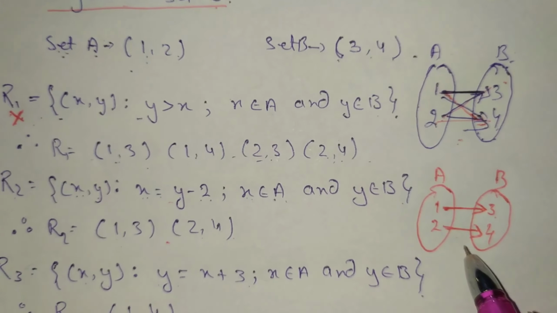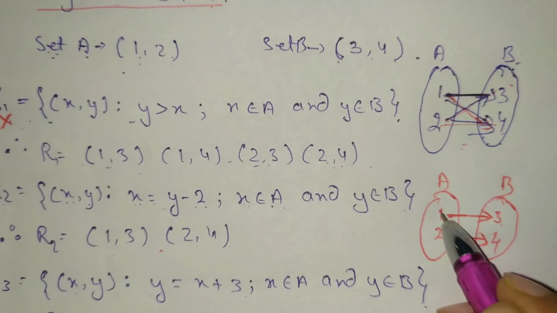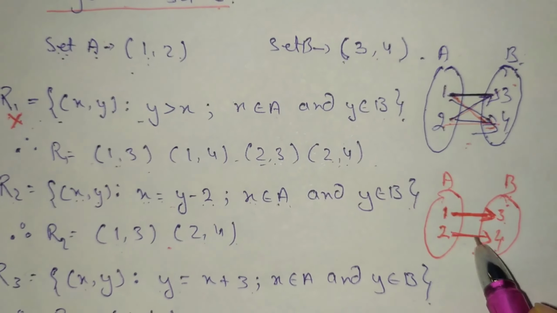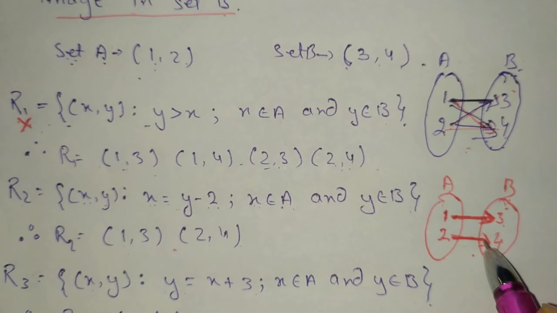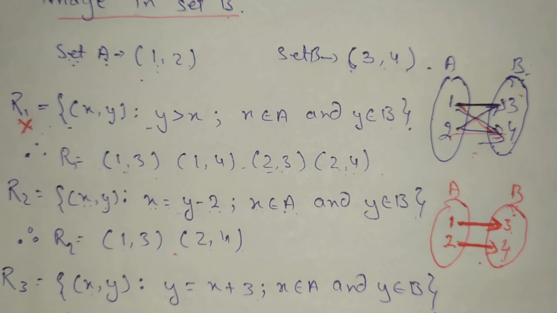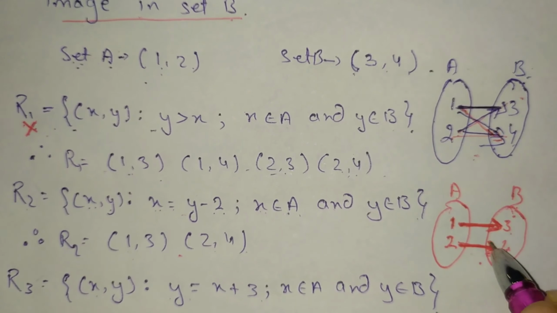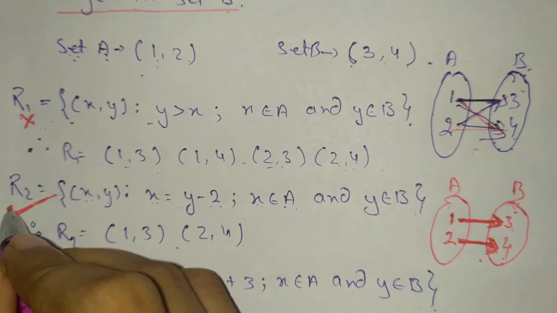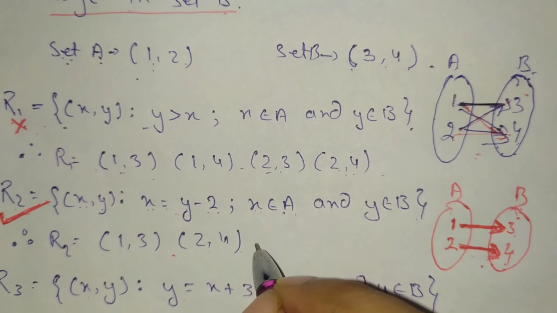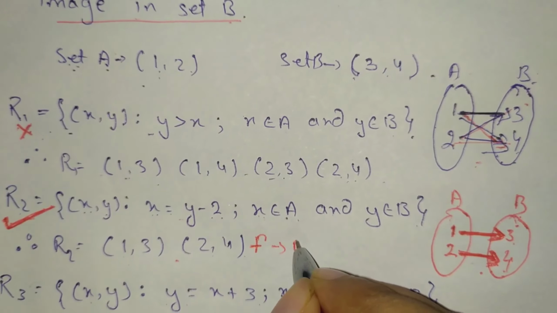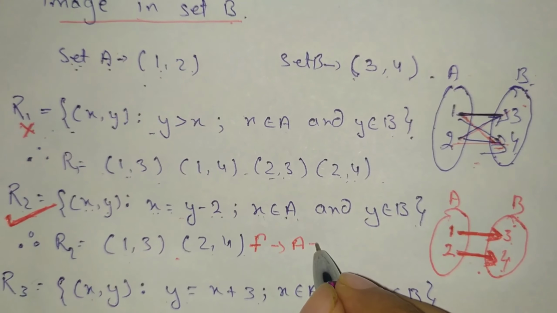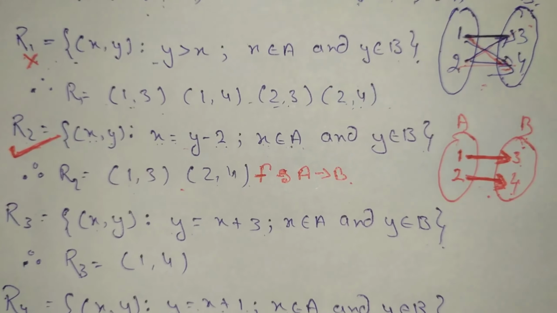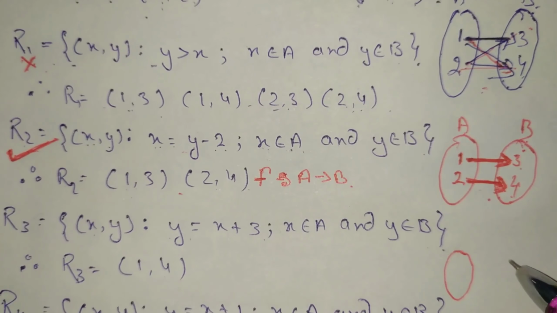Here we can see that each element of set A makes only one image with an element of set B. So our definition is satisfied: each element of set A has one and only one image in set B. Therefore, this R2 is a function. So we can also write a relation F wherein every element of set A has one and only one image in set B.